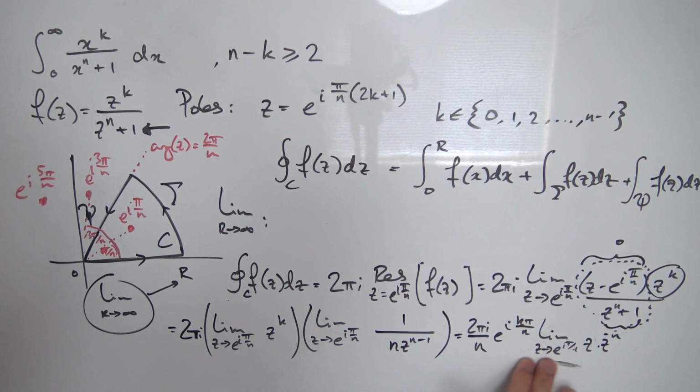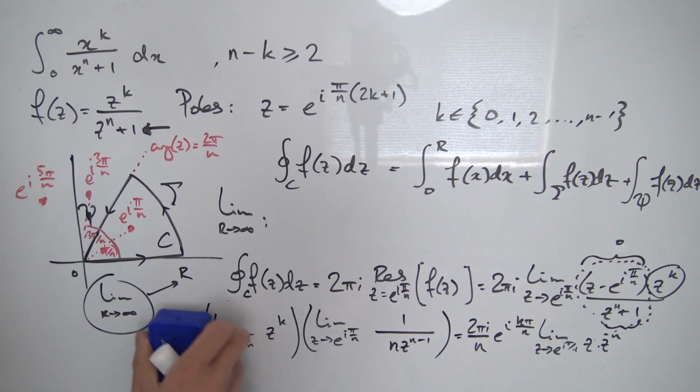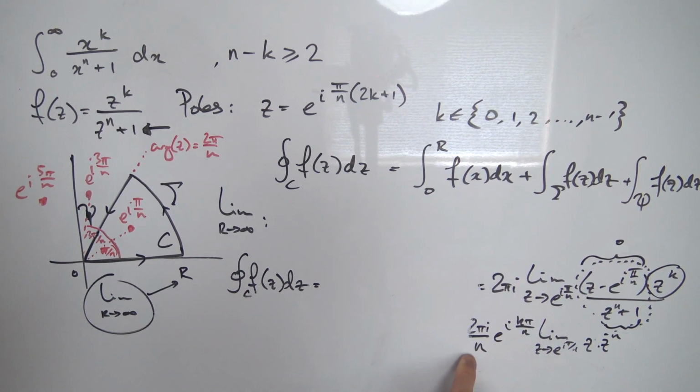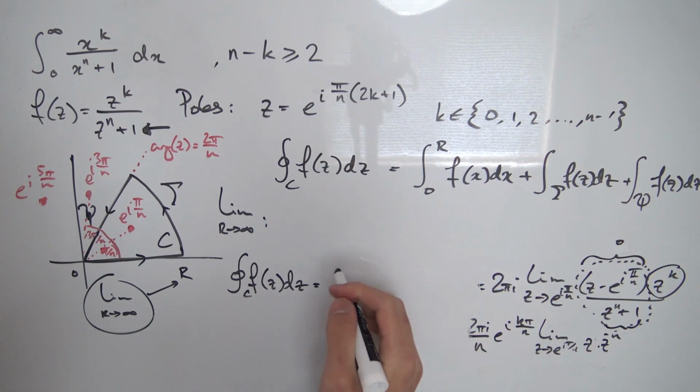So in fact, if we plug e to the i pi over n into this second factor right here, we get a negative 1. And if we plug z equals e to the i pi over n into this first z right here, well, that's just this pole. So overall, what did we find? So let's rub out all of this stuff right here. We don't need it anymore. So overall, we still have this 2 pi i over n, but we're going to introduce a negative.